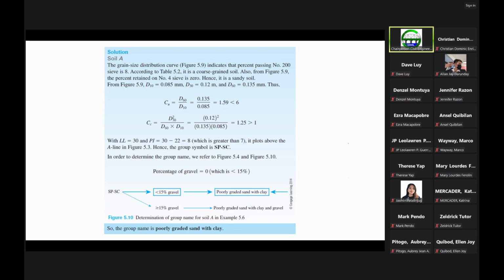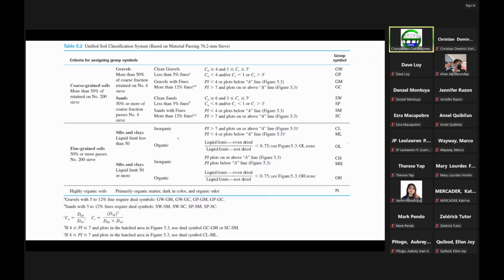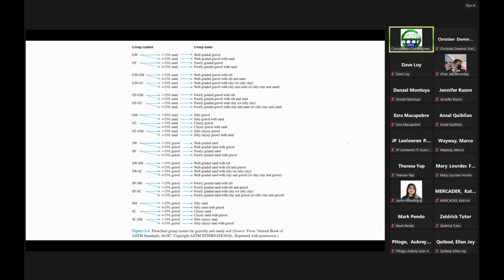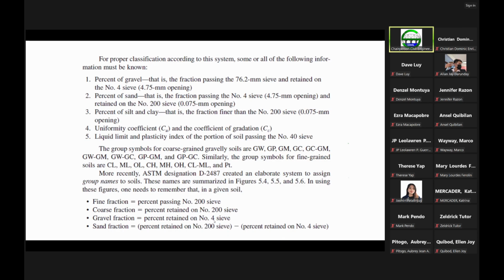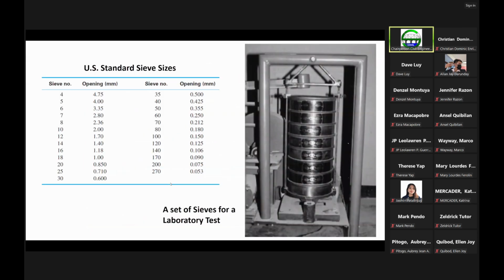Now for the group name, let's go to the chart. Where's that SP-SC? That's somewhere here. Again, we need to check the percent gravel. The percent gravel is the percent retained in the number 4 sieve, or 100% minus the percent passing in the number 4 sieve. Here, the percent gravel is 0.